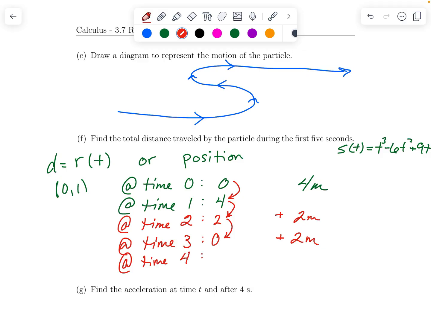At time 4, I'm at 4 again. So I went 4 meters. And then at time 5, 5 cubed minus 6 times 25 plus 45, I'm at 20.